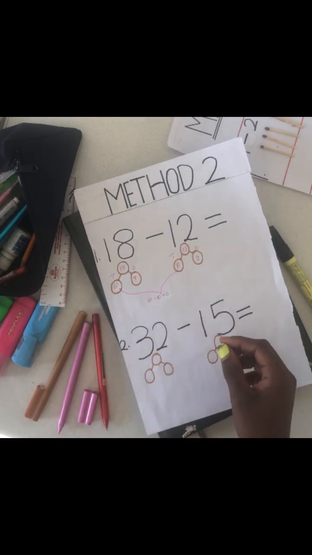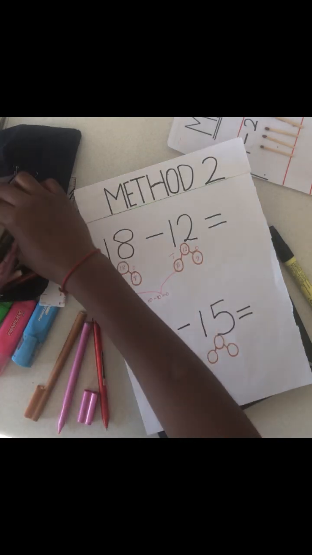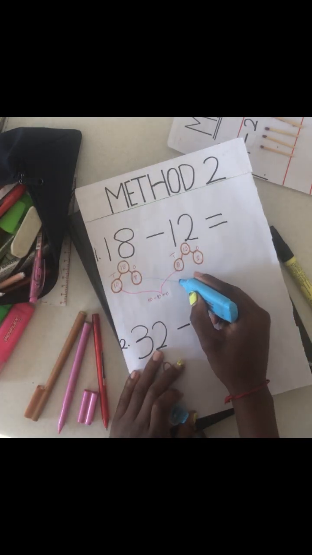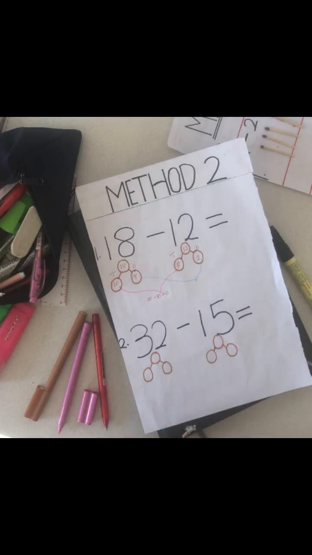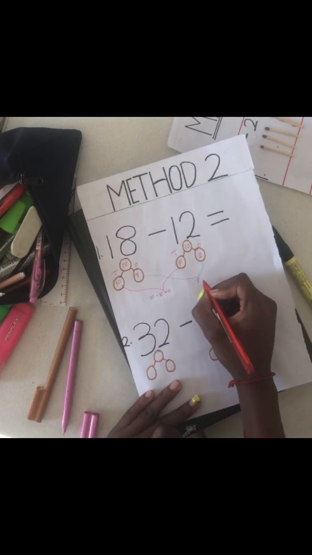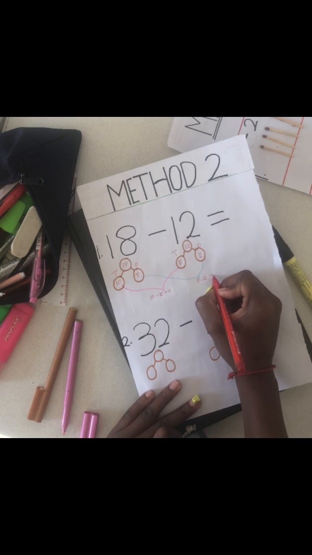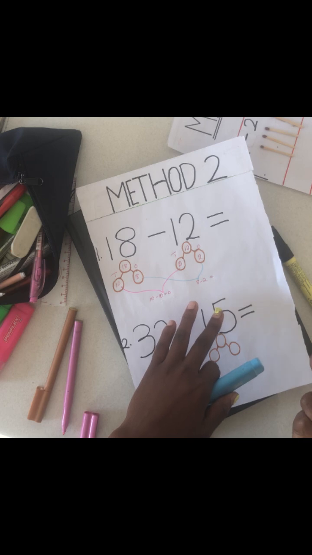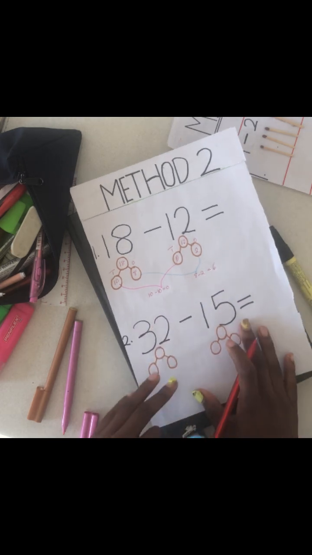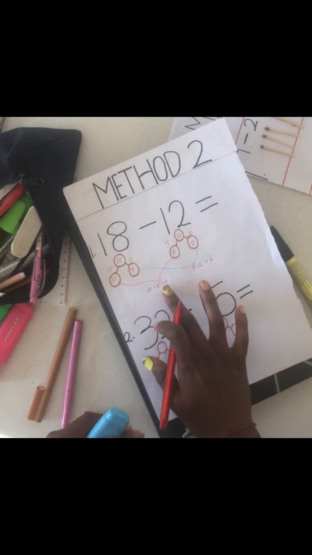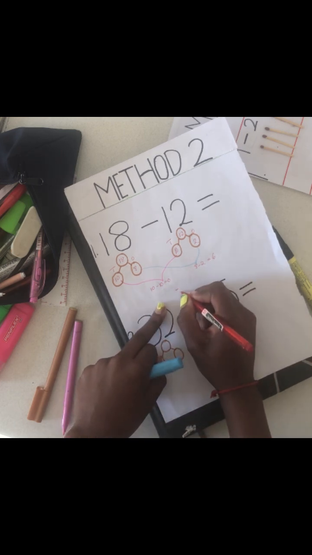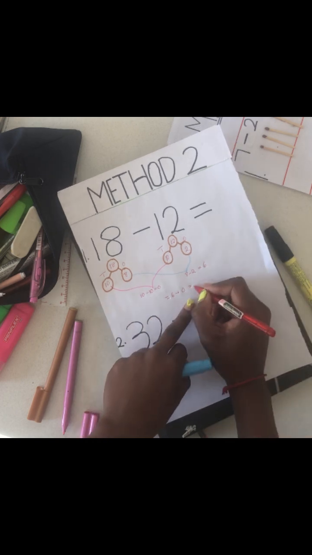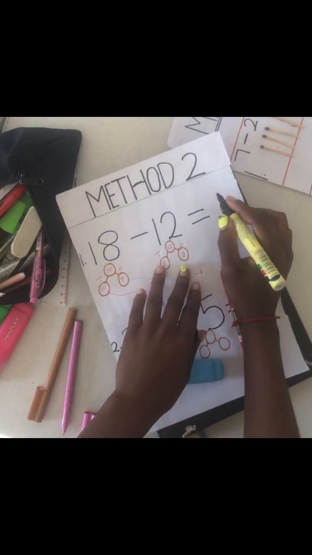Then you're going to come to the ones and say 8 minus 2, which will give you what? 6. Then when you are done, you're going to add this one with this one. So you're going to say 6 plus 0, which will give you what? 6. So the answer here is 6.